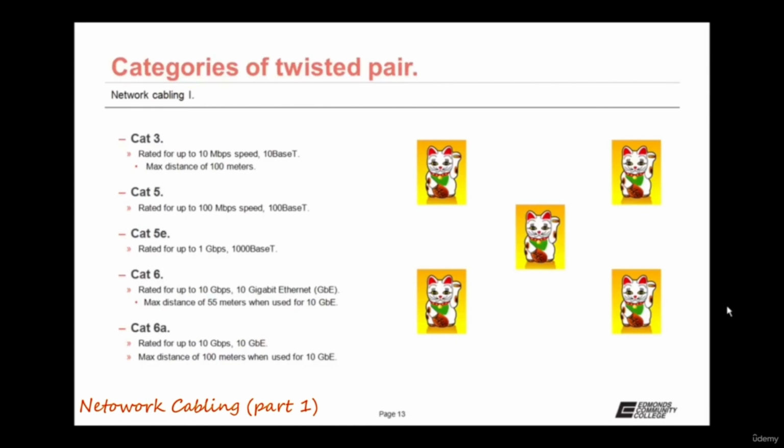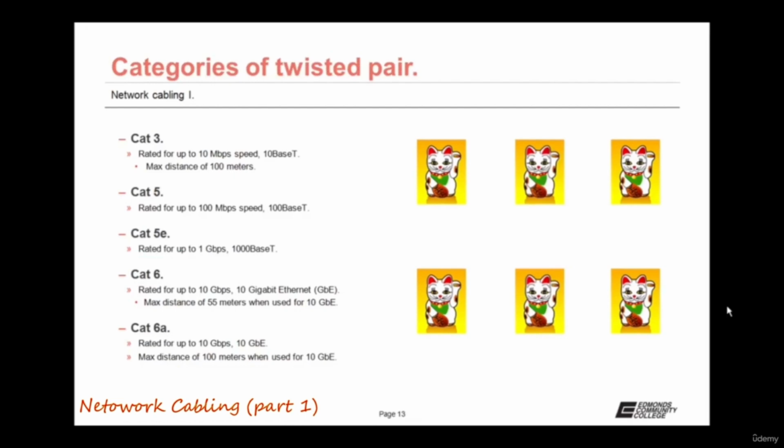And that still wasn't fast enough, so they developed Cat5e. Cat5e is rated for up to 1 gigabit per second. That's 1,000 base T. Now we have Cat6. Cat6 is rated for up to 10 gigabits per second. That's 10 gigabit Ethernet, or 10 GbE.